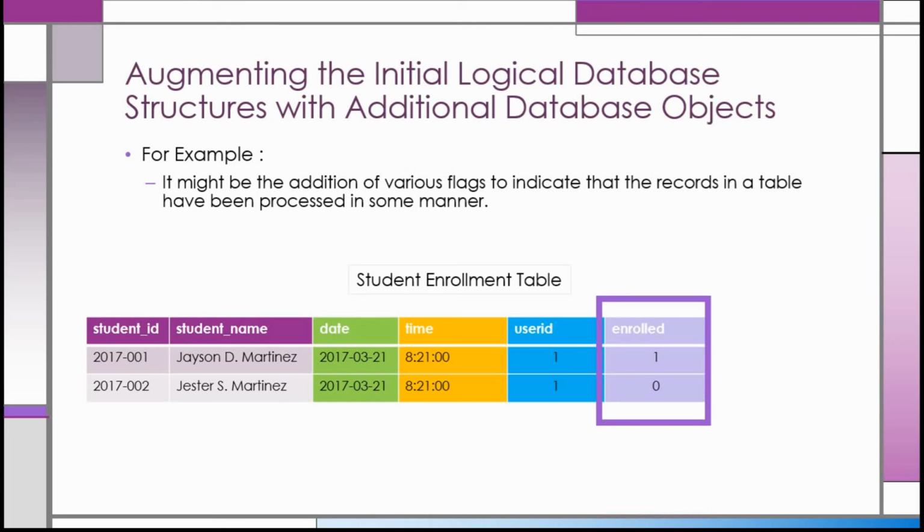The enrolled column represents the flag, wherein the flag of 1 and 0: 1 indicates that the student is enrolled, and 0 indicates that the student is not yet enrolled. So that is for the flag.